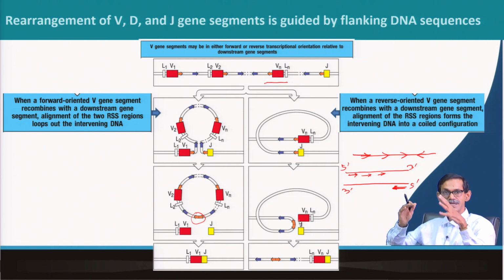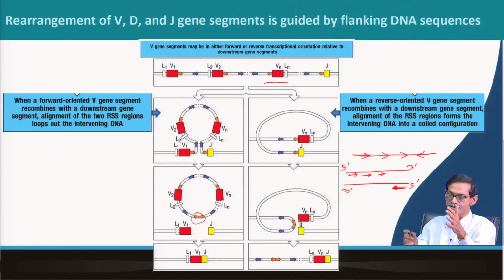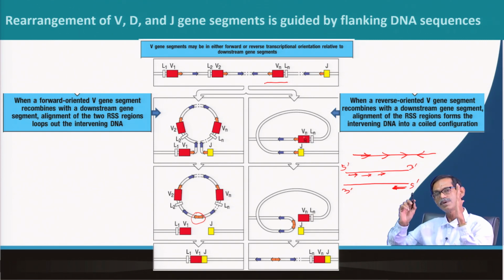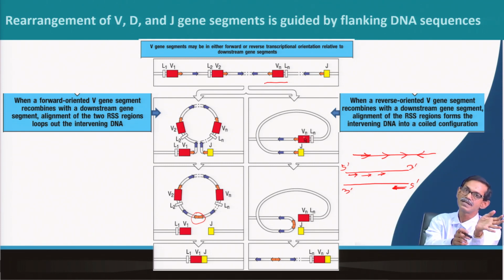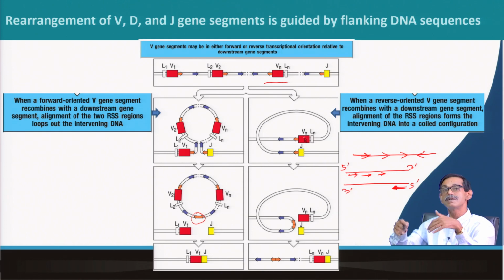This whole sequence, V1 to Vn minus 1, which in the case of lambda means 37 V segments, will be present in the chromosome, but not in the previous way.